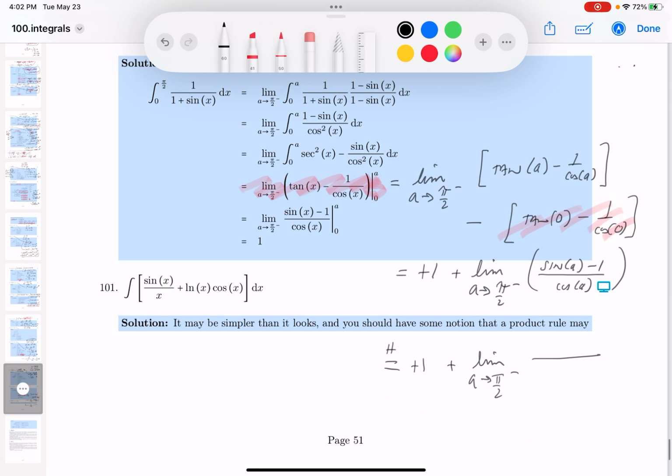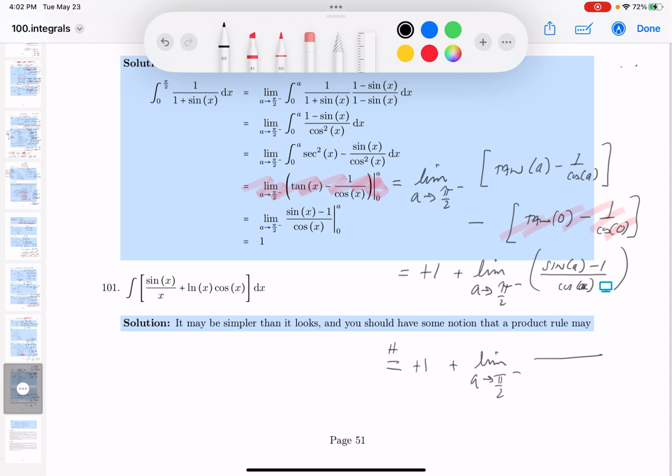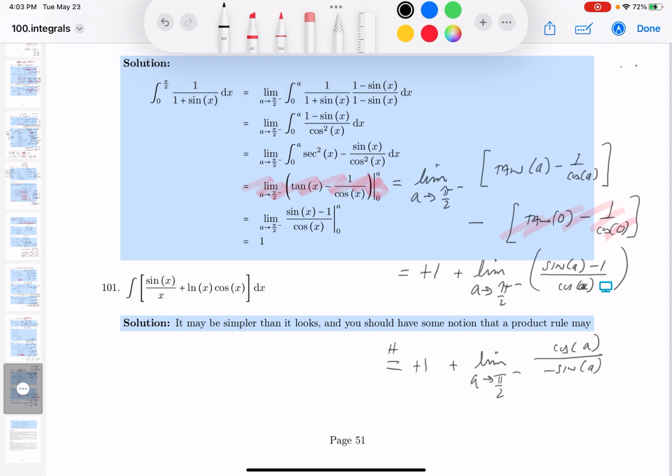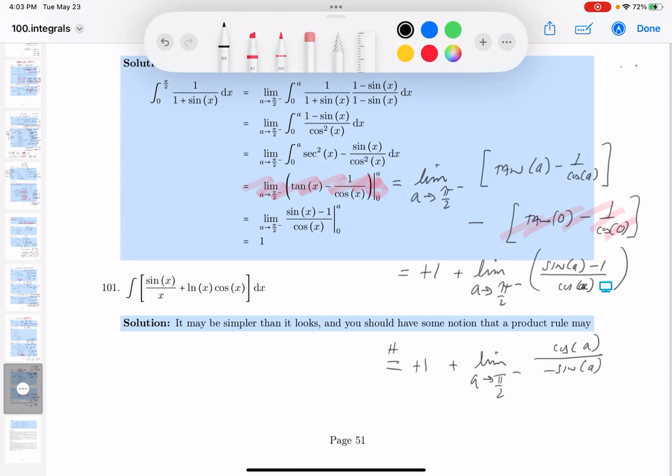The derivative of the bottom with respect to a is going to be minus sine of a, and the derivative of the top is going to be the cosine. What does it give you? As you go to pi over 2 from the left side, for cosine, the top goes to 0, and the bottom goes towards 1. So we're good to go. What's the answer over here? It's 1. We're good to go to problem 101.